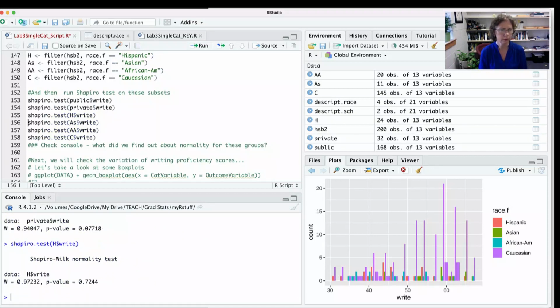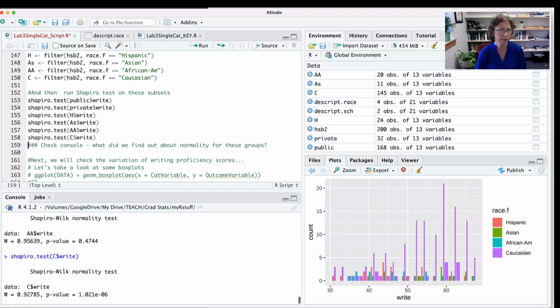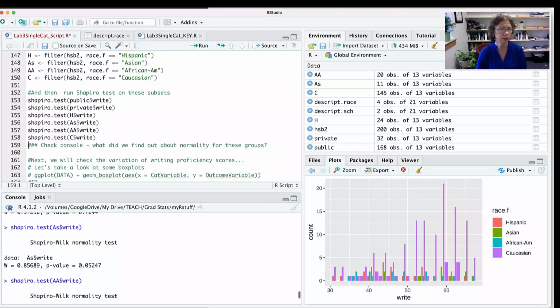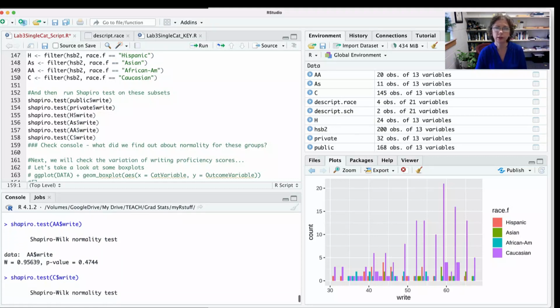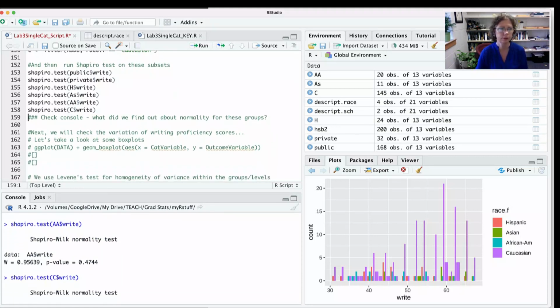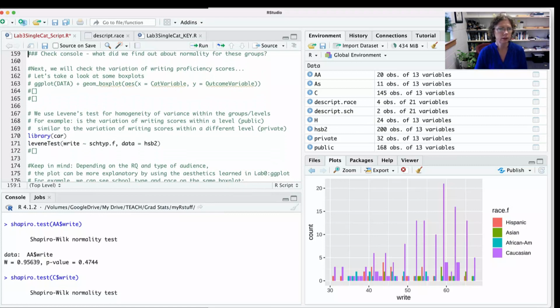As we go through seeing the tests there in the console as I run them, you can see which ones are coming up significant, and you would let your reader know that when you are reporting on your check of the assumptions. So next we're going to check the variation of writing proficiency scores by looking at some box plots.